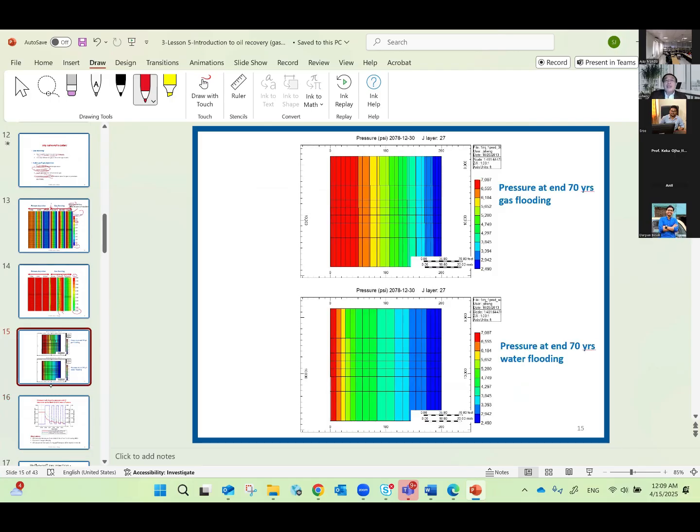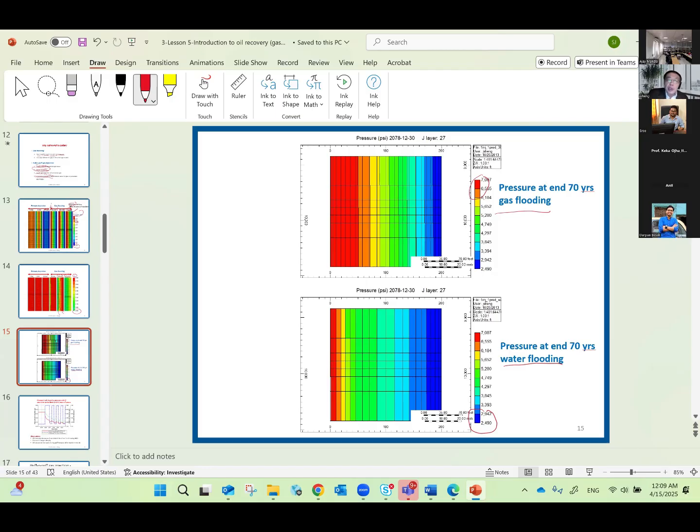Now, let's compare these two here. These two compare the pressure, gas flooding, and here's water flooding. You can say the green one is low pressure, and the red one is high pressure.